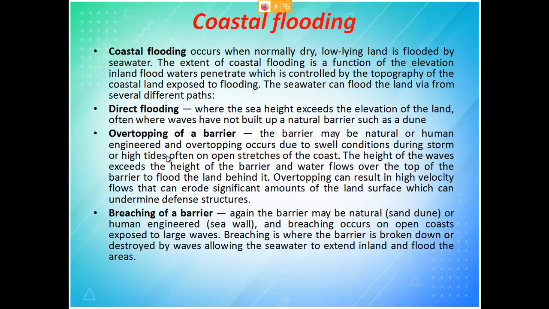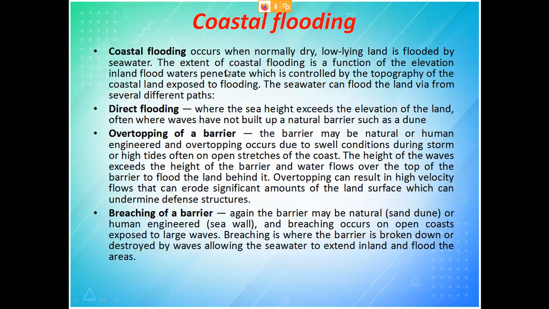What is coastal flooding? Coastal flooding occurs when normally dry or low lying land is flooded by sea water. So the water which enters and destroys is sea water, and that we call coastal flooding.